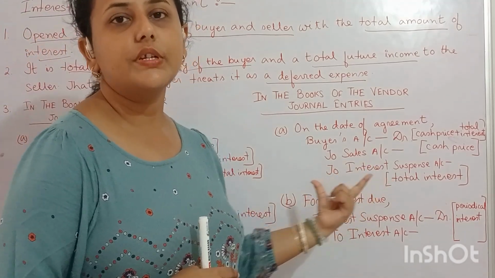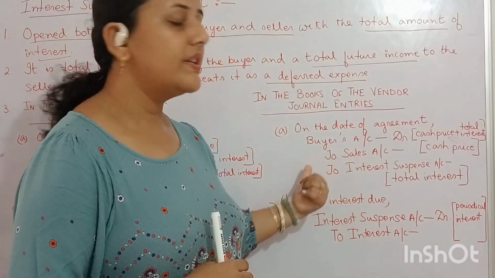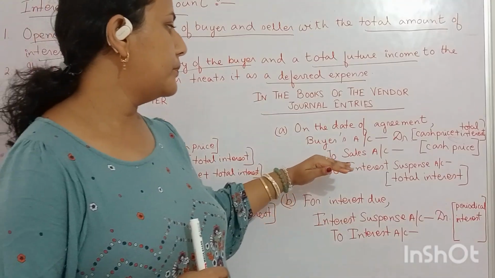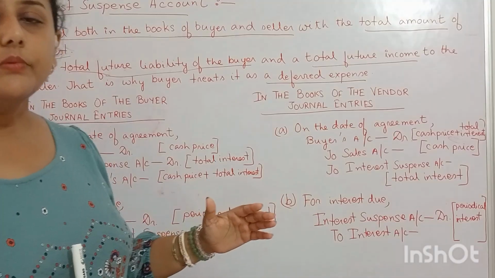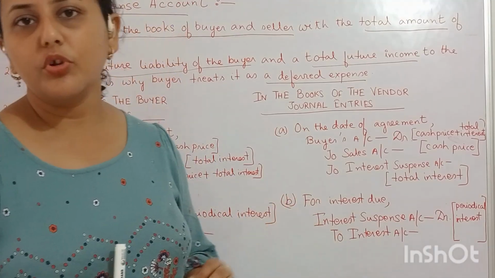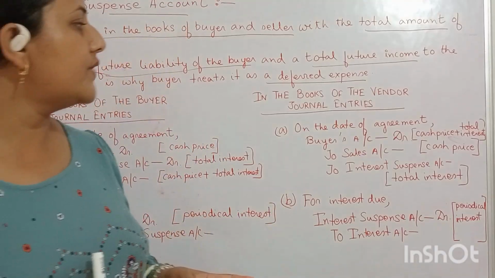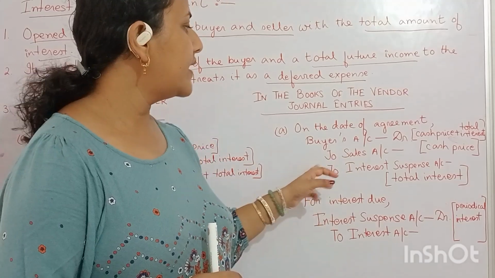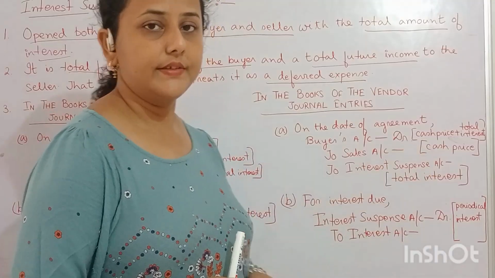Sales account is a revenue account, so when it increases, it should be credited. Since the full cash price of the asset will be received in installments, small installments will be received, not the full cash price. So it is treated as a revenue, and sales account is credited with the cash price of the asset.